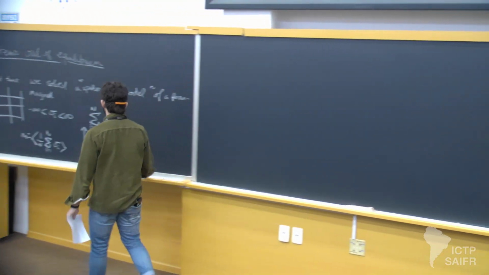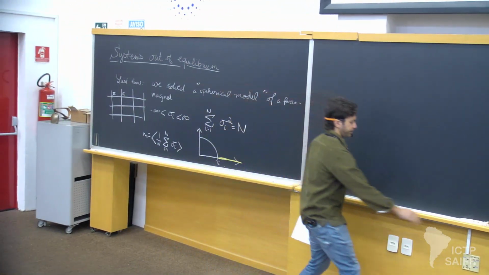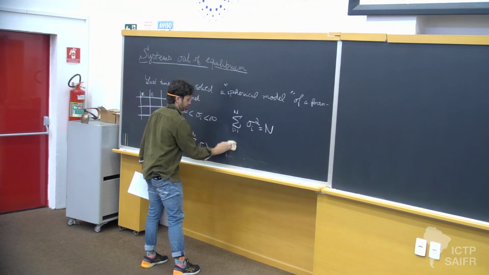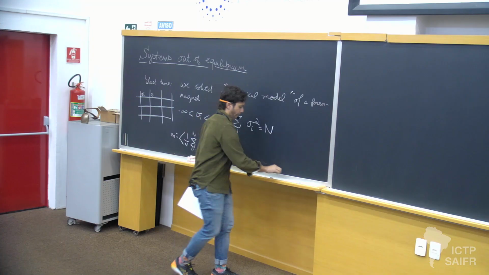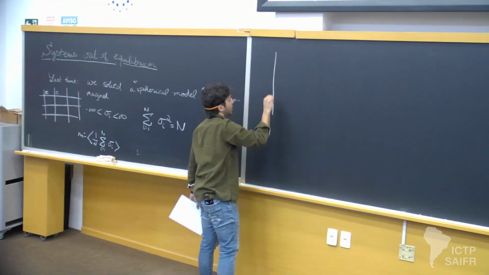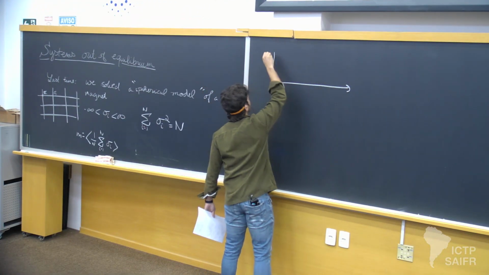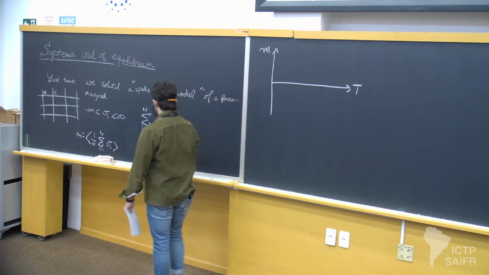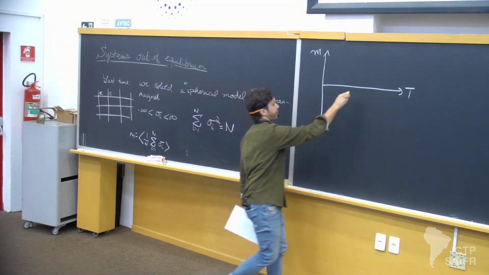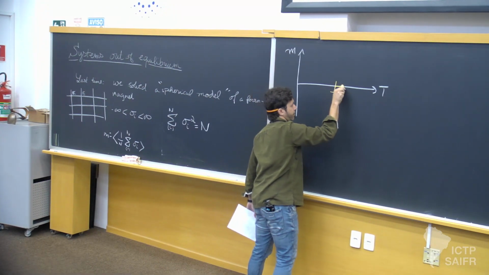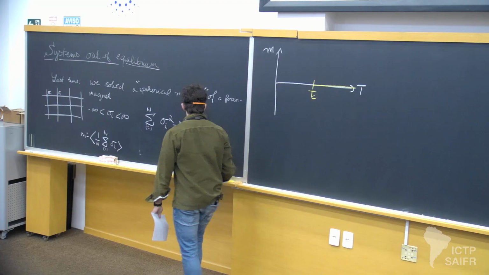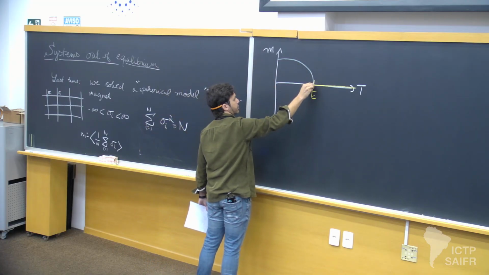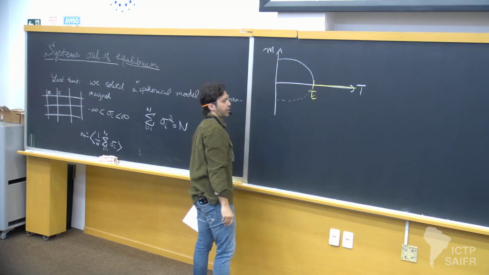Actually, maybe I should redraw this picture. We alluded to this last time, but actually there are two branches of these solutions, the positive and negative branch.